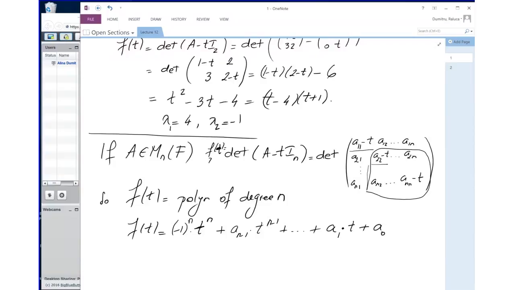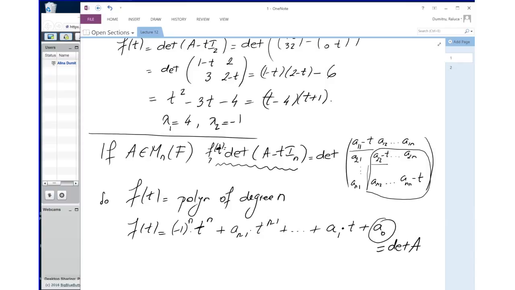You can set t equal to 0, right? So a sub 0 is the same as f of 0. Who is f of 0? Well, that's the determinant of the original matrix A. The free coefficient here is the determinant of A.